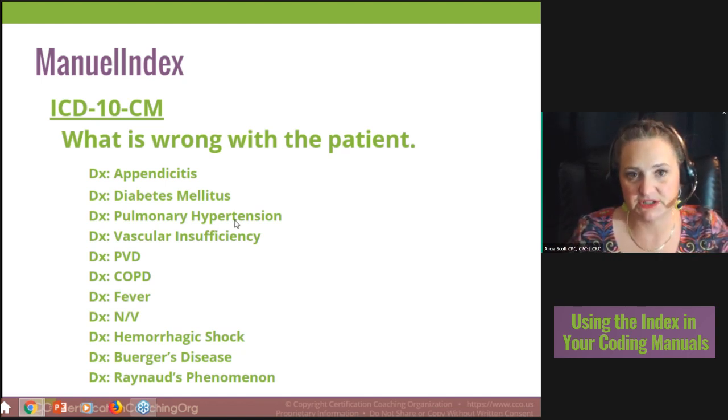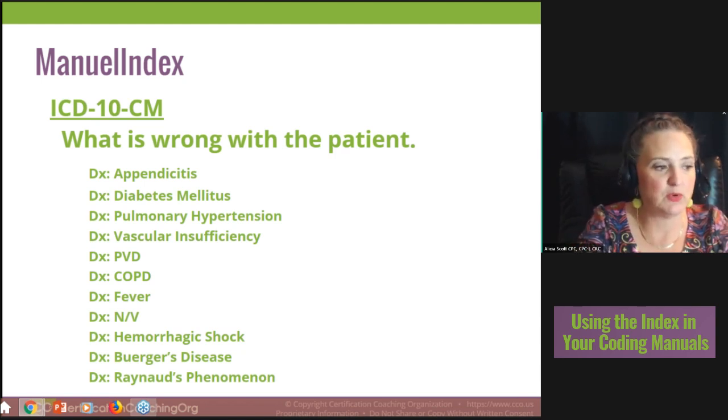So you can look up hypertension, but pulmonary hypertension is a unique diagnosis that if we looked up pulmonary, we could probably find hypertension. So I'm going to actually do that over here while we're talking, and let's see if we can get that to come up and see what comes up under pulmonary.